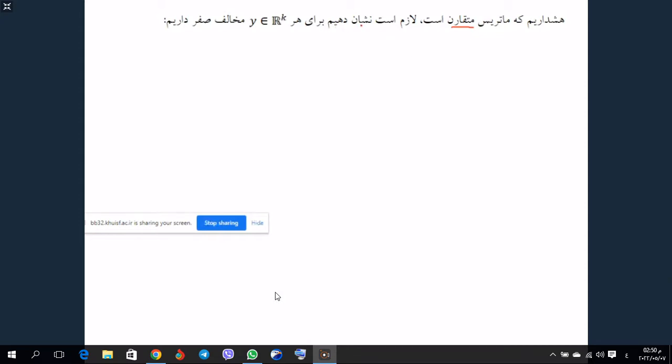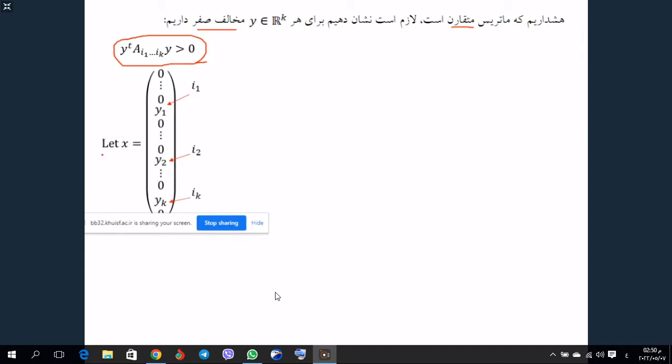That is necessary to show that for all vector y in R^k non-zero, we want to show that y transpose A(i1, i2, ..., ik) y is greater than 0.